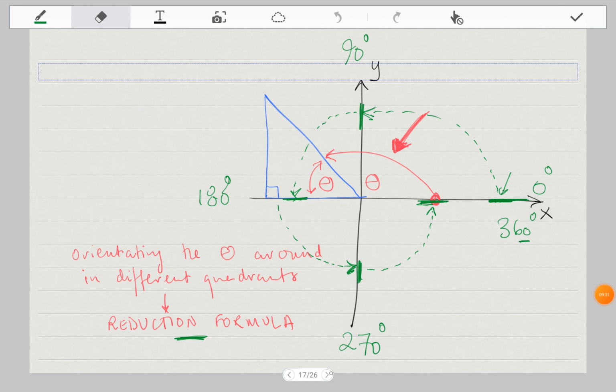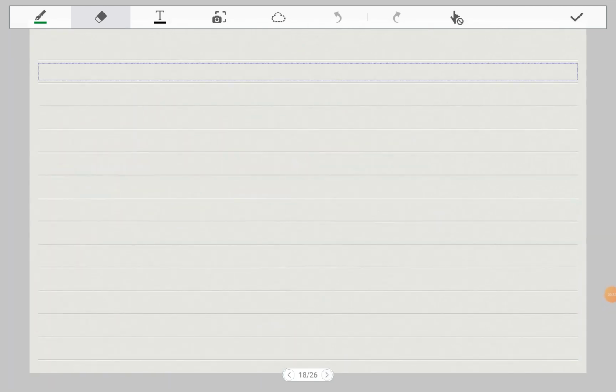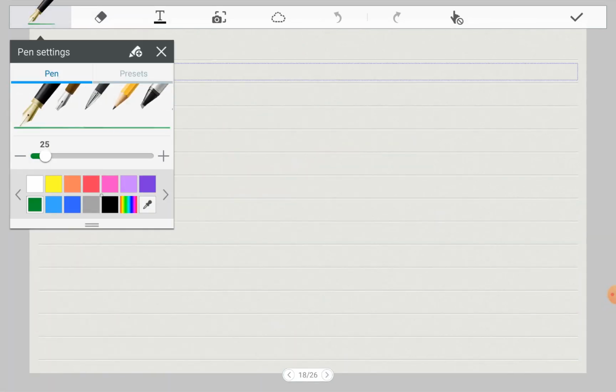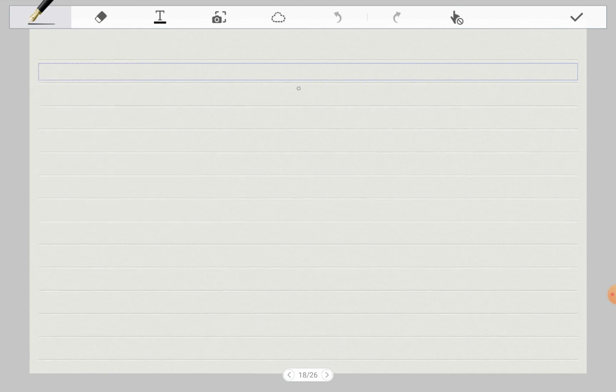All right, so let's look at the second quadrant. If we had to draw a 90-degree triangle in the second quadrant, I've got a sketch here.